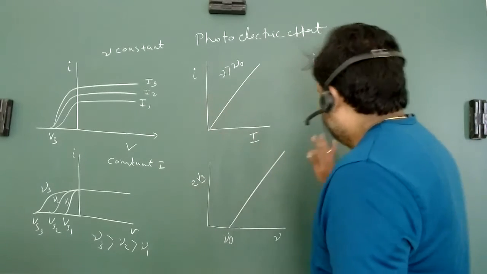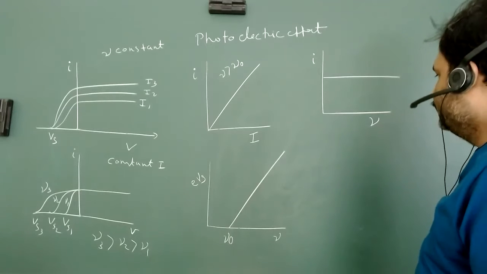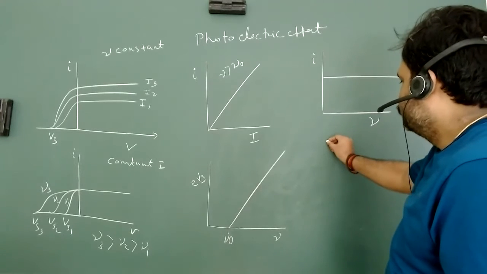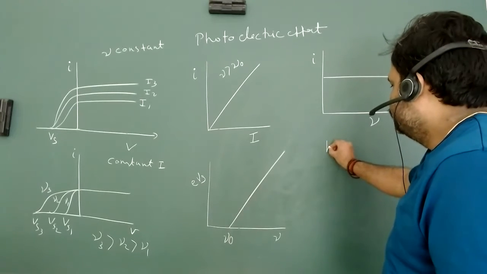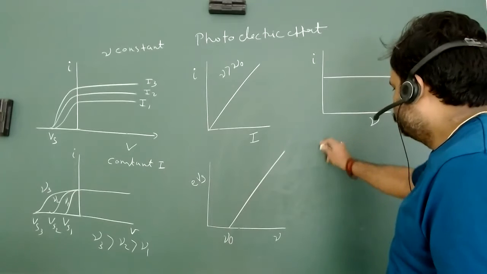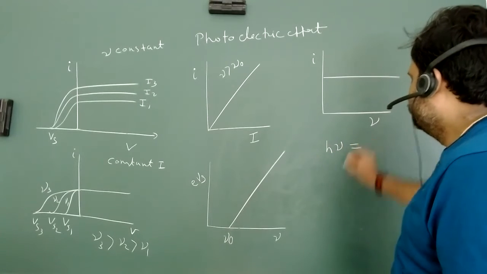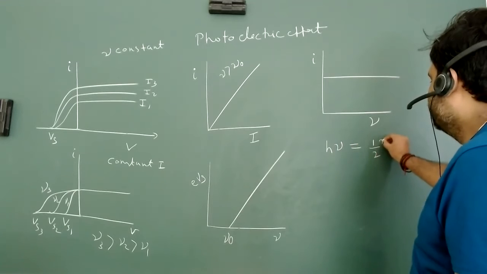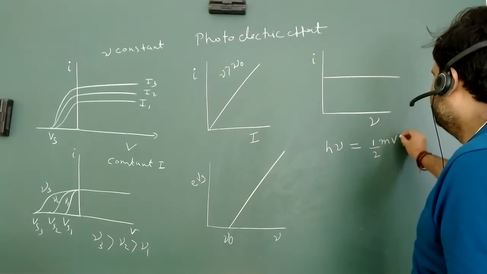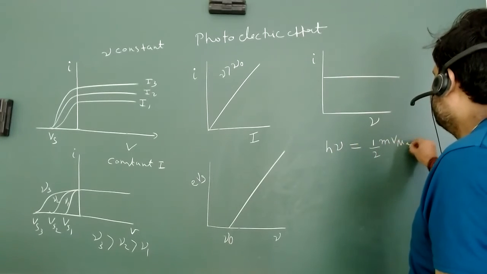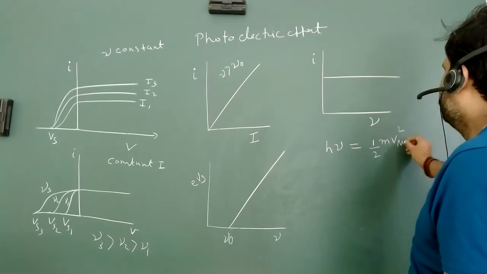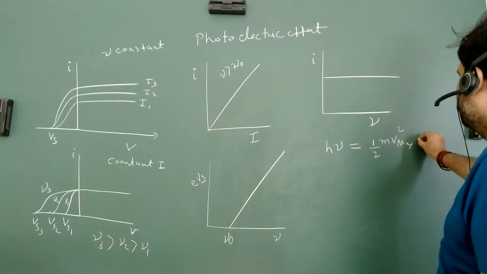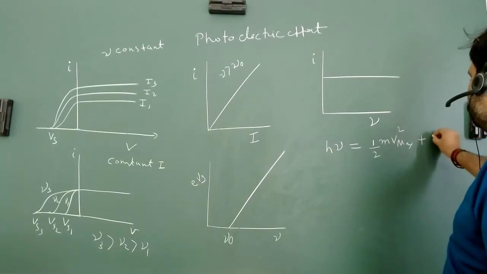And we have the Einstein equation, which means the energy of the photon will be distributed into two parts. The first part gives the kinetic energy, which is half m v maximum square. The second part is used for the work function.